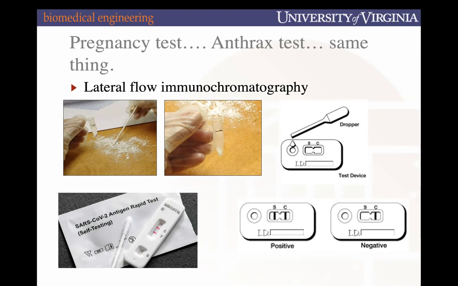So whether it's detecting anthrax in a sample like this, a urine sample for a pregnancy test, or, as all of us are very experienced in now, a deep nasal swab for an antigen COVID test, all three have the same mechanism.